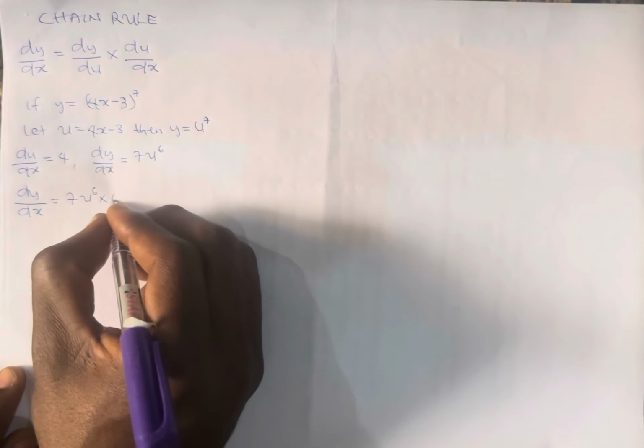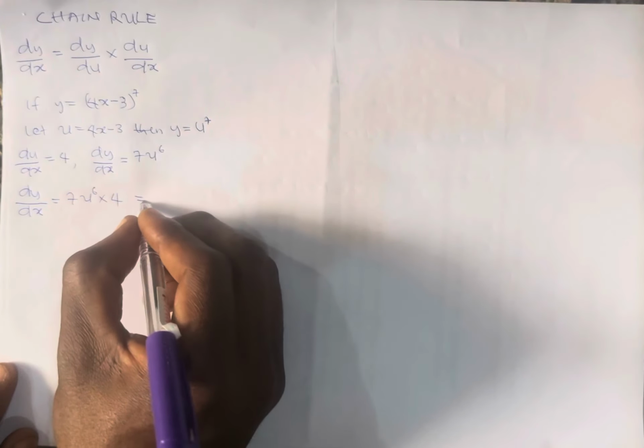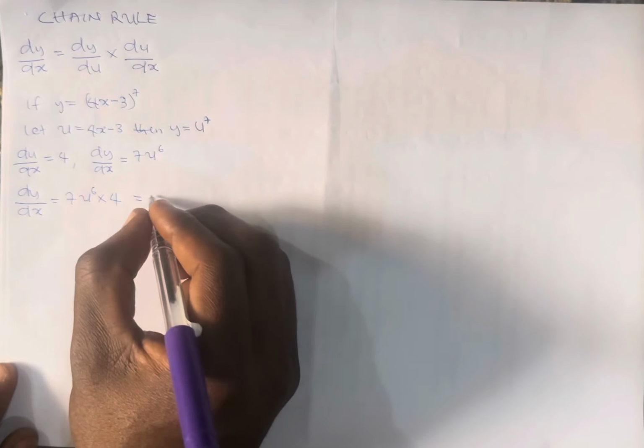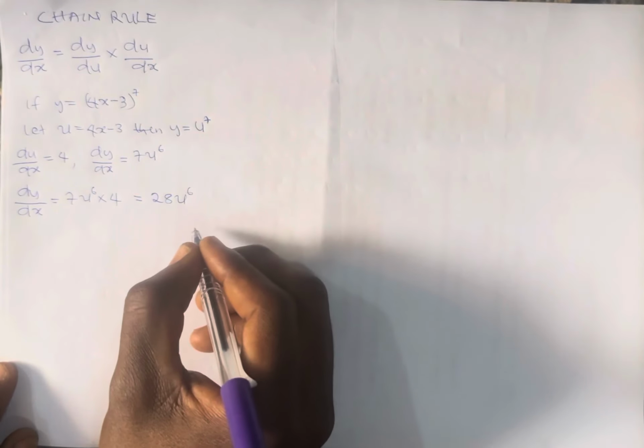So we have 4. So it's equal to 4 multiplied by 7, we have 28u raised to the power of 6.